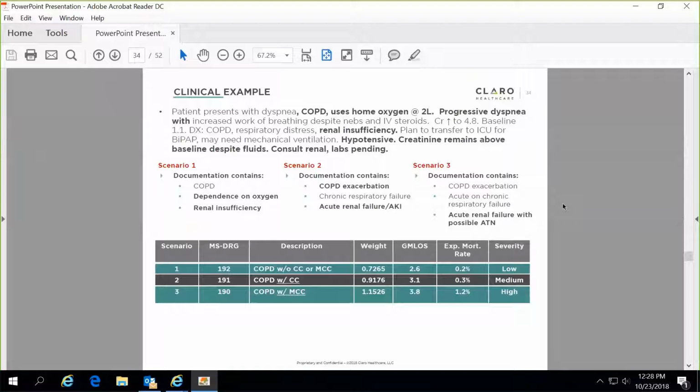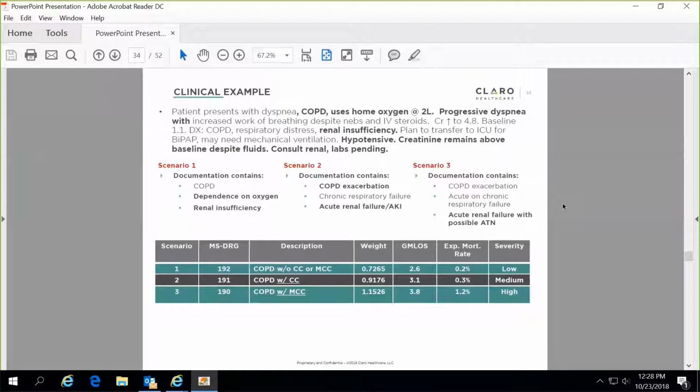As the patient stays and we work them up, he's not improving that renal status. Maybe this is an AKI with ATN. Maybe this is an acute on chronic respiratory failure too, with his respiratory status. And we move to the highest level for the COPD patient. That is the complete diagnostic story. That is the true diagnostic story.